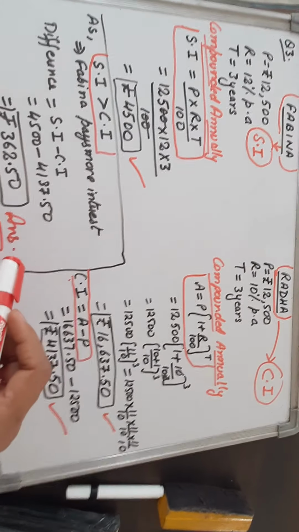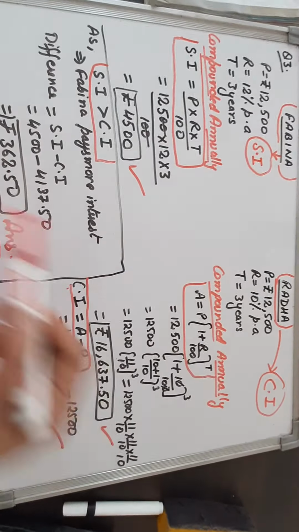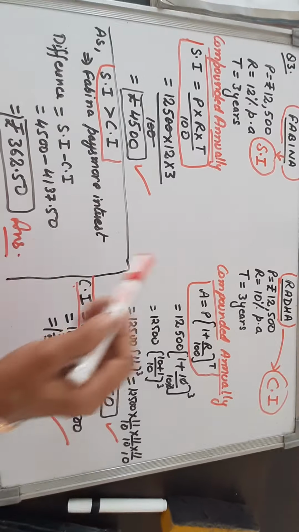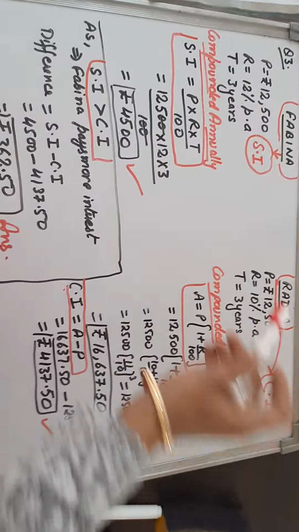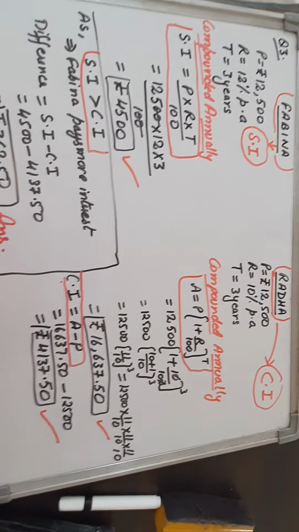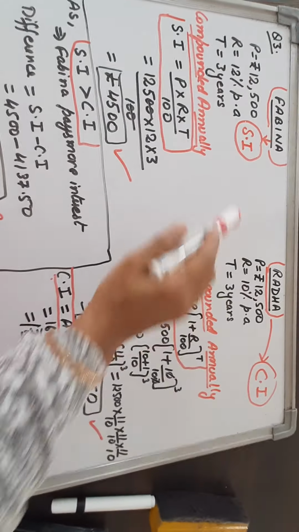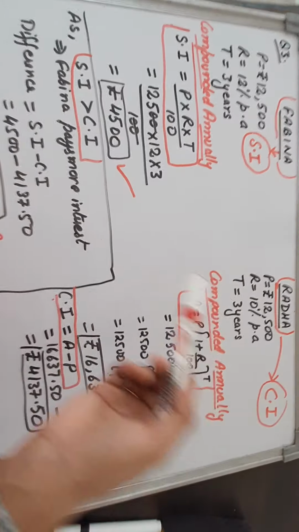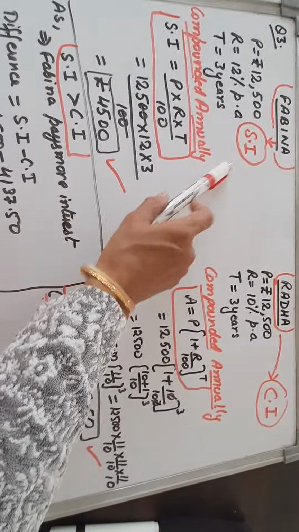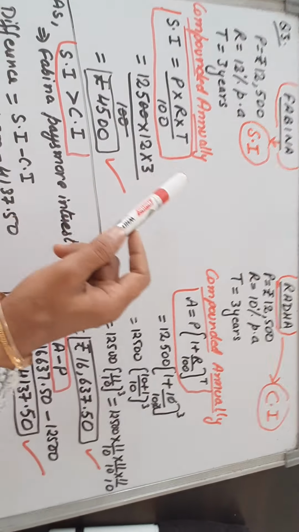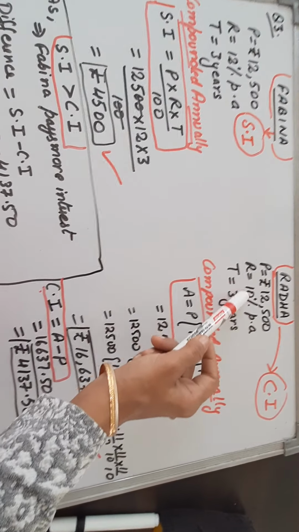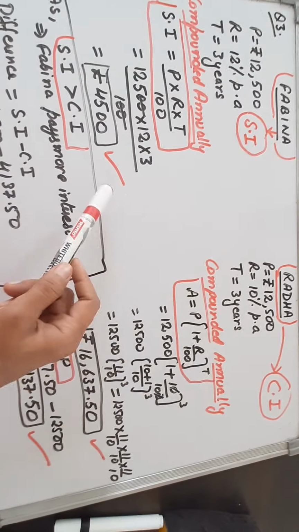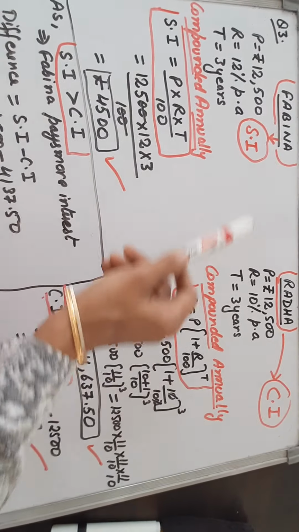So dear students, let me give you a recapitulation of the question. In the very beginning, there are two girls, Fabina and Radha. They borrow an amount of 12,500 each from someone, and Fabina will borrow it at the rate of 12% per annum, and Radha will borrow it at the rate of 10% per annum for 3 years each.